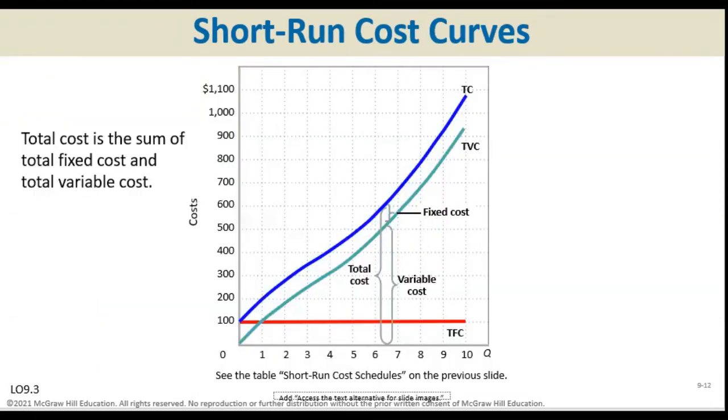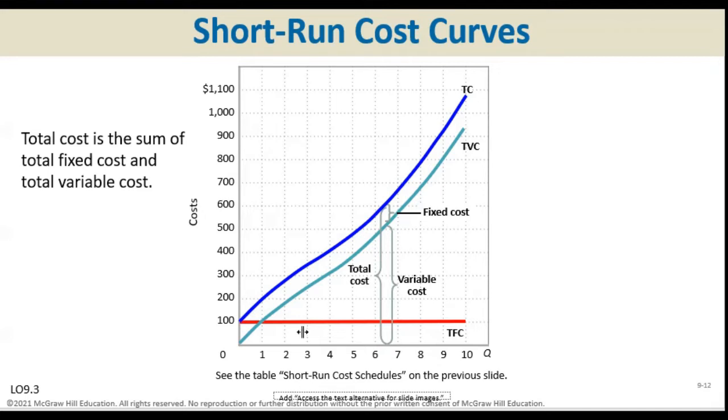So total fixed cost, TFC, is independent of the level of output, right? Because it's a constant, so it doesn't vary with the output. The total cost is, as defined before, the sum of fixed cost and variable cost. Total variable cost changes with output.